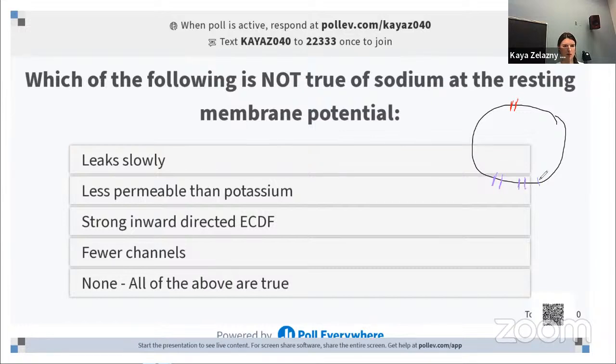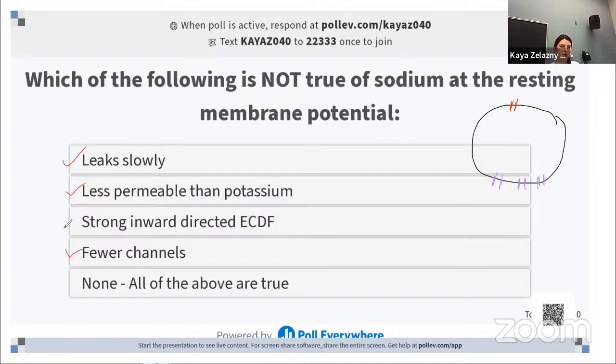All right, so this first one, hands up, who thinks that's true? It actually is going to be true. We're going to have slow leaking because this cell is less permeable than potassium. So it's going to be leaking slowly because we don't have many channels. Also, these things are all related.